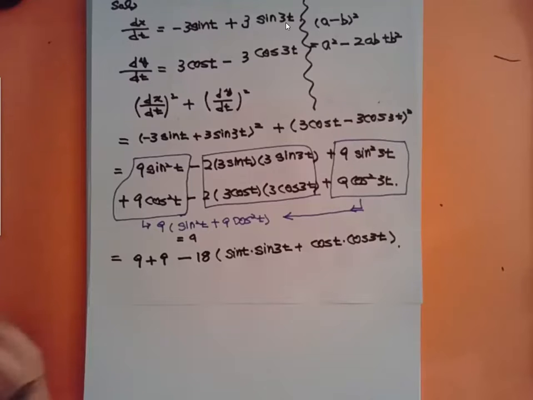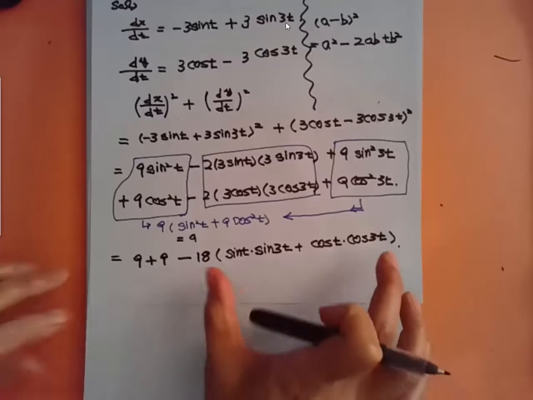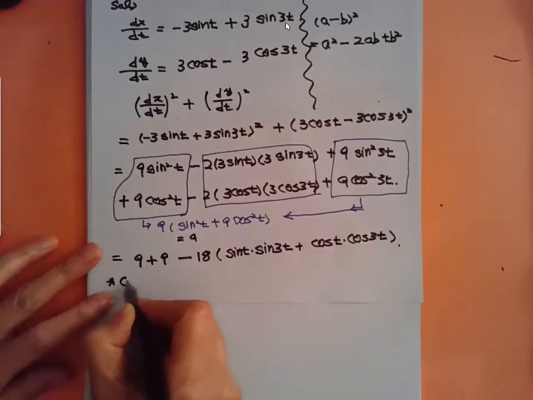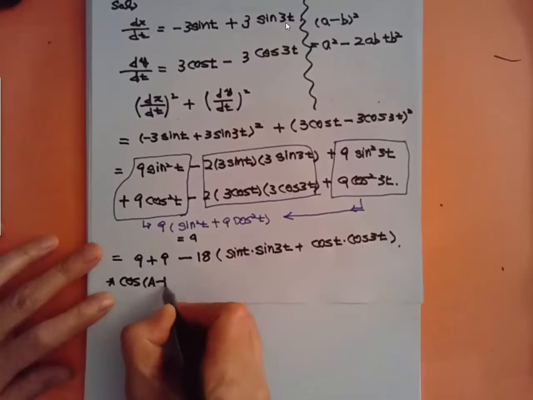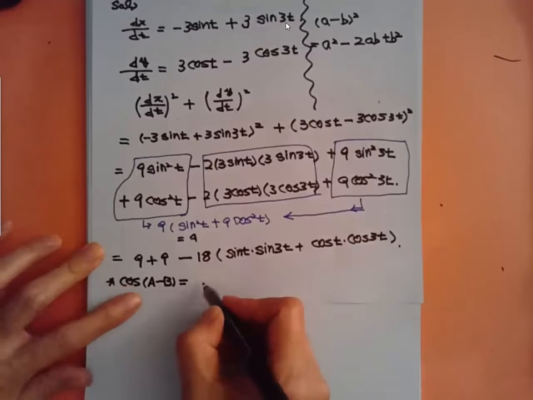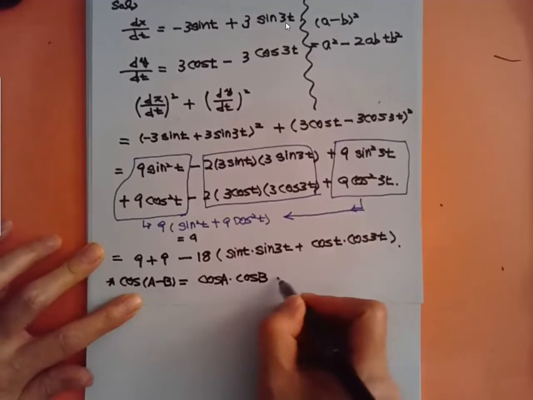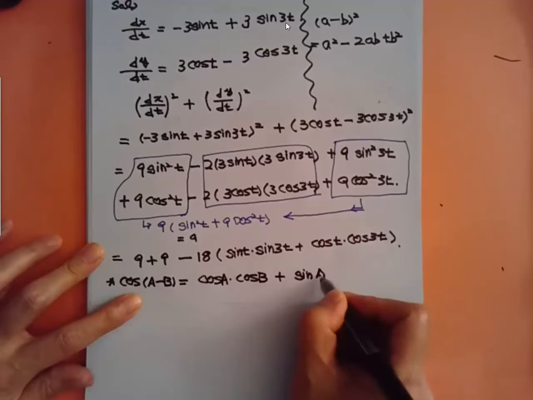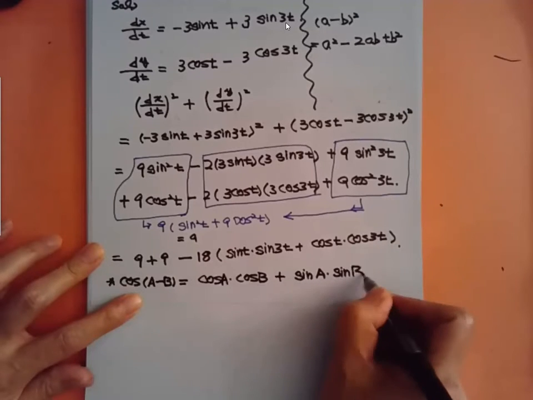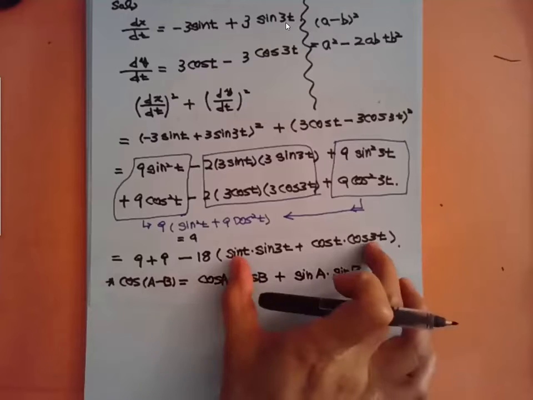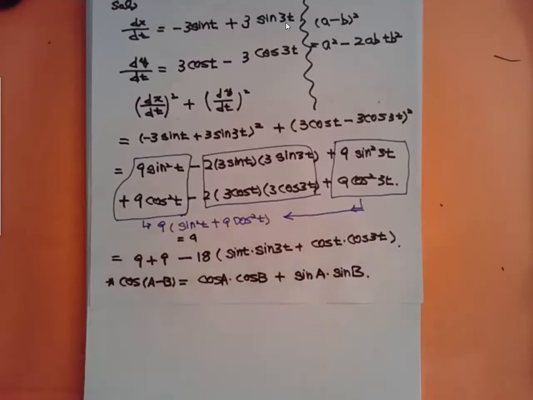So what we want to do from here is simplify this part a little bit further. Then cosine of a minus b equals cosine of a times cosine of b plus sine of a times sine of b. So we are going in the reverse pattern.